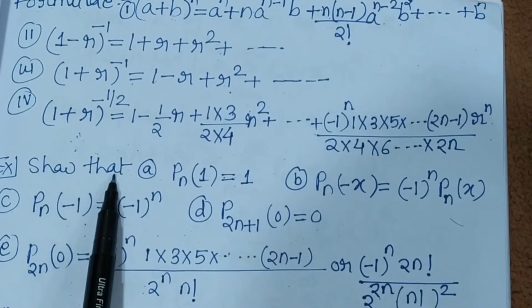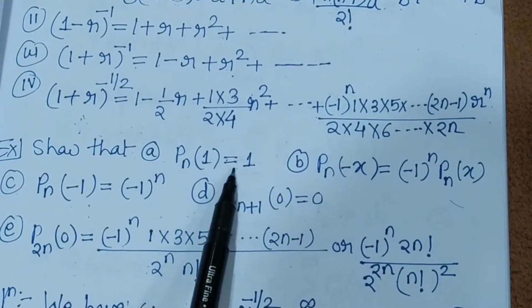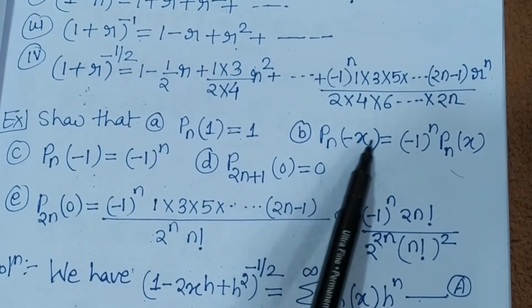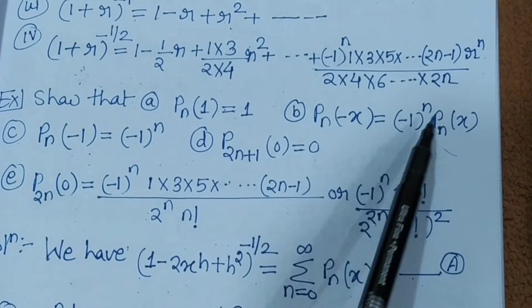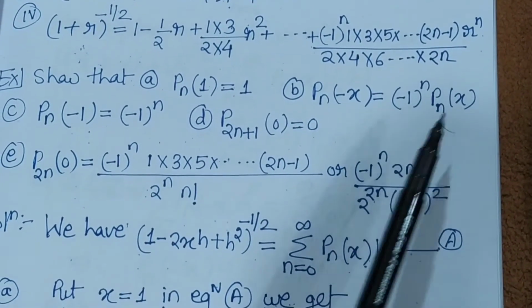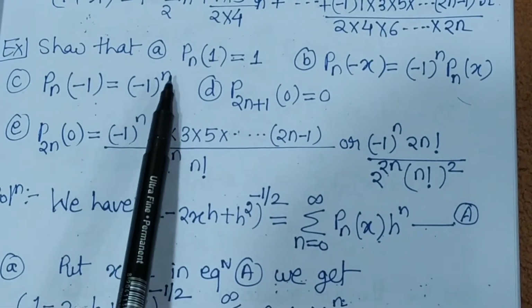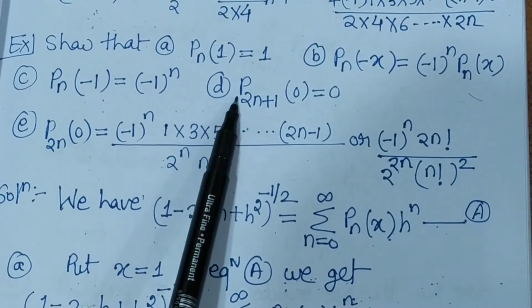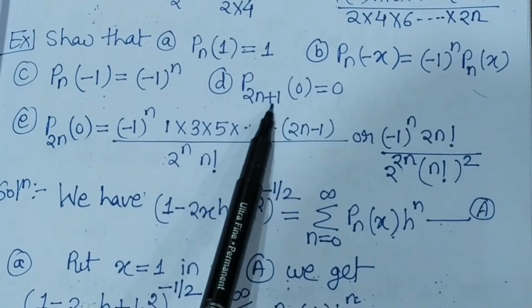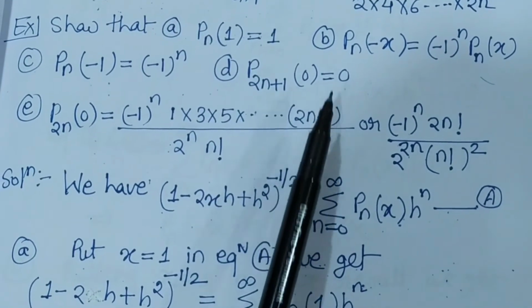First, show that Pn(1) equals 1. Second, Pn(minus x) equals (minus 1) raised to n Pn(x). Third, Pn(minus 1) equals (minus 1) raised to n. Fourth, P(2n plus 1)(0) equals 0.